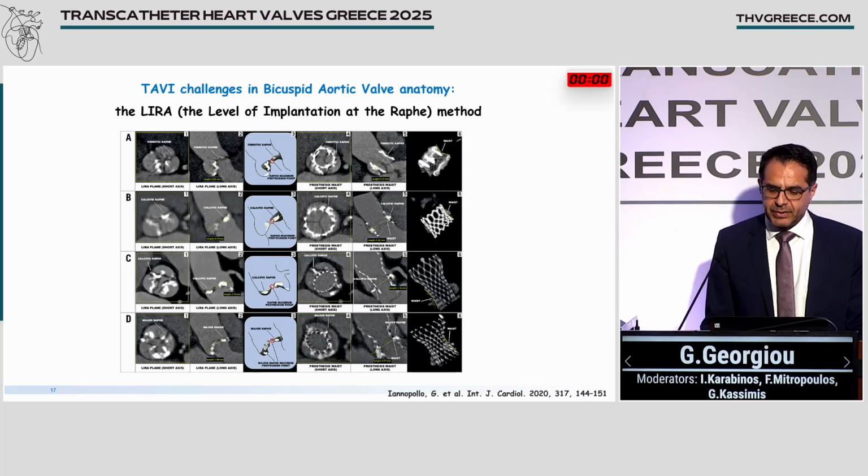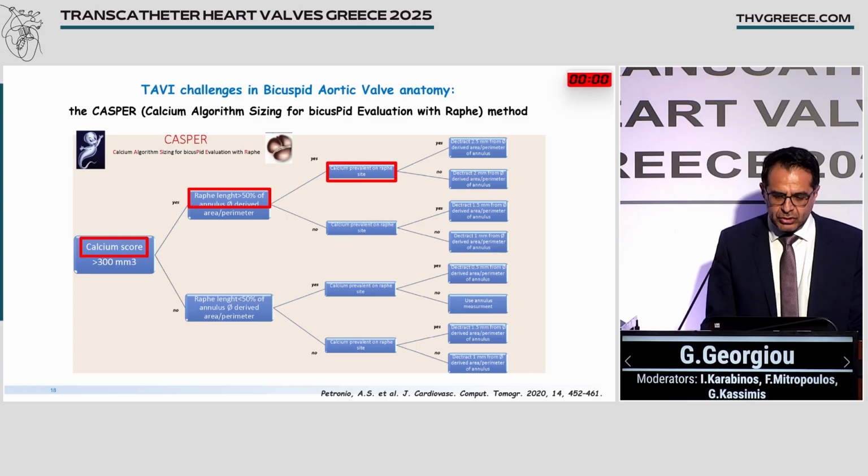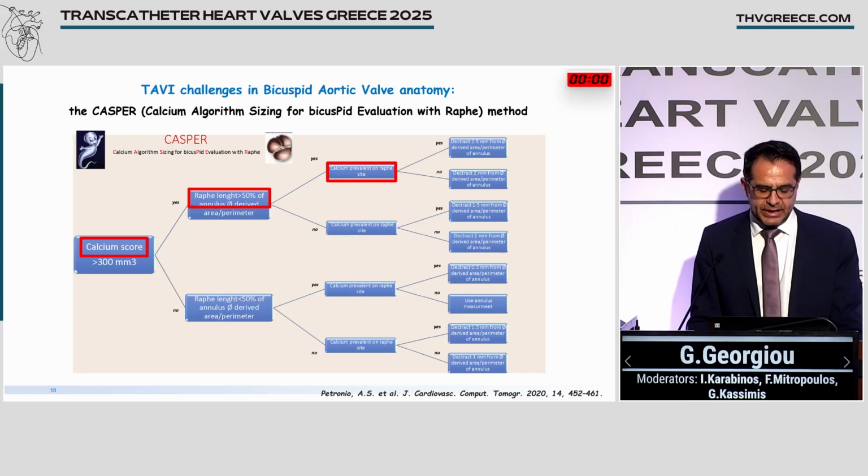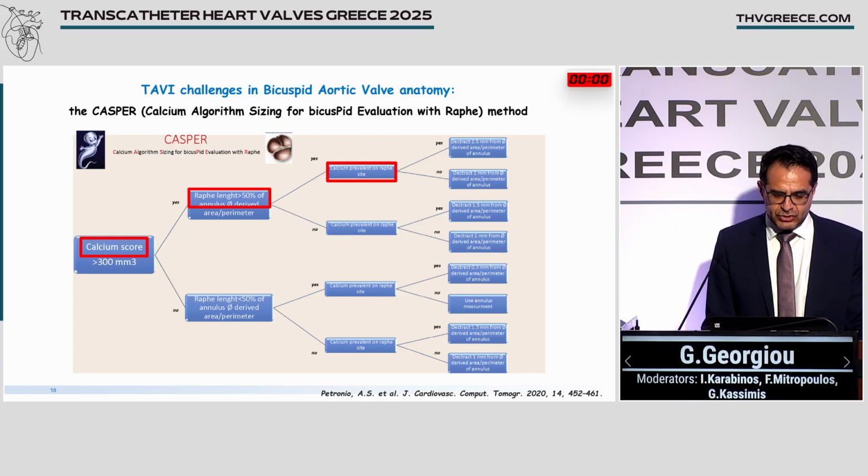Multiple other methods have been proposed, like the LIRA, which is the level of implantation at the raphe. The raphe is the most rigid compartment of the anatomy, and where the valve remains constrained. So it must be taken into account when we measure the annulus. The CASPER method takes into consideration the calcium score, the raphe length, and the calcium prevalent on the raphe side.